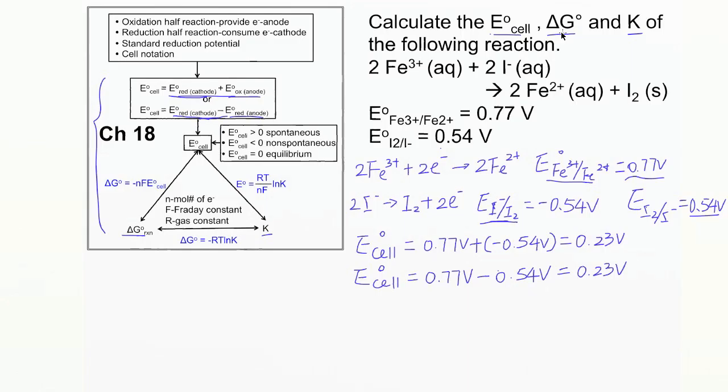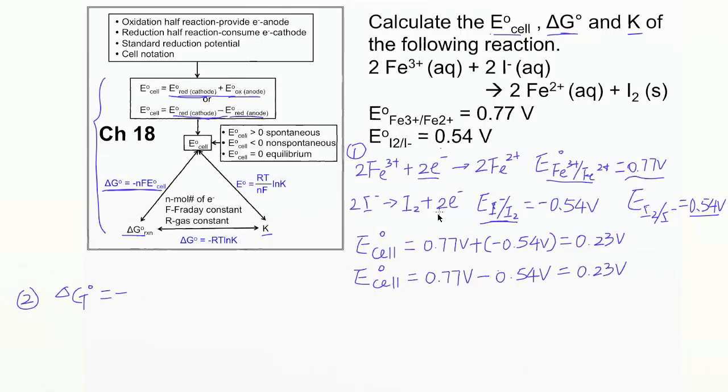All right, second part, how we calculate the delta G for this reaction. As we can see from this concept map, this is the equation you need to use when you calculate the free energy change. Delta G equals negative n, where n is the number of electrons transferred.